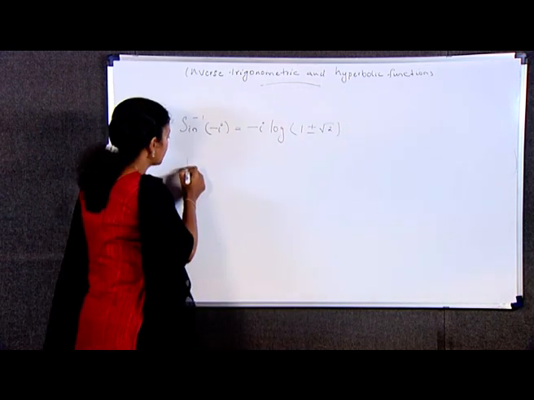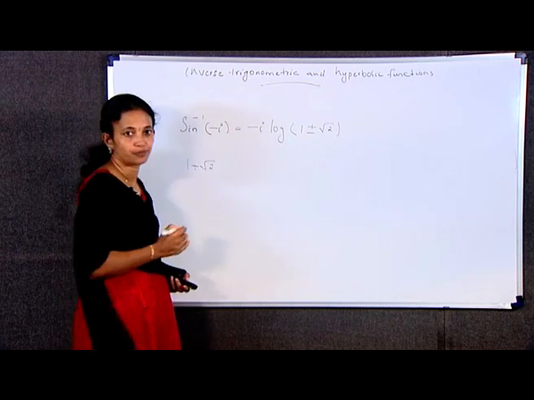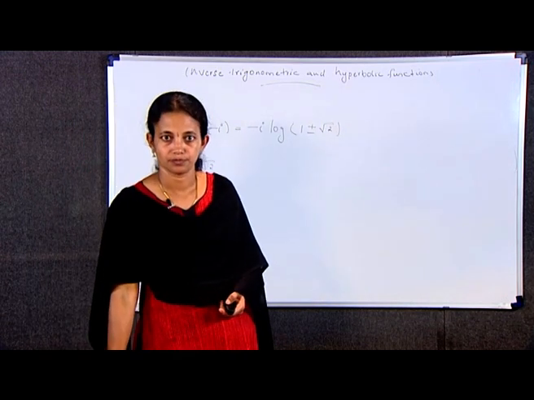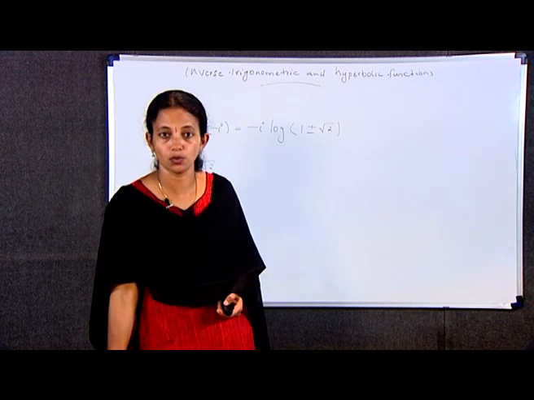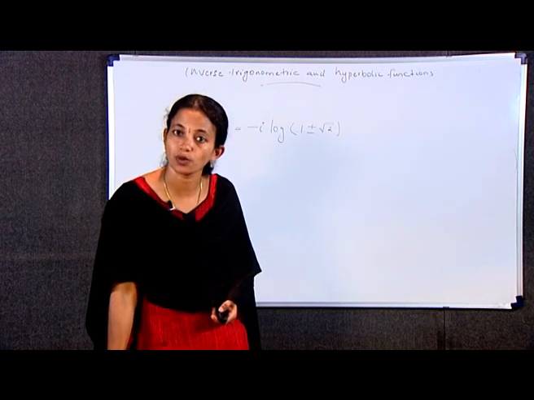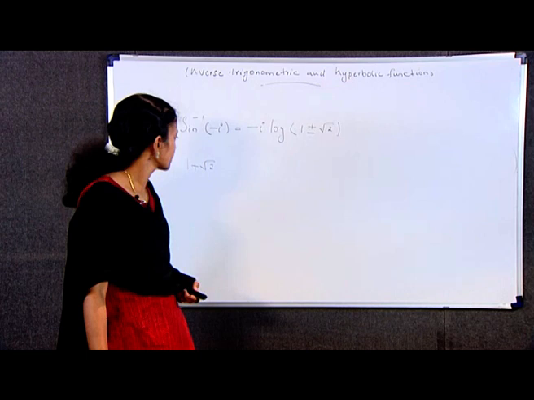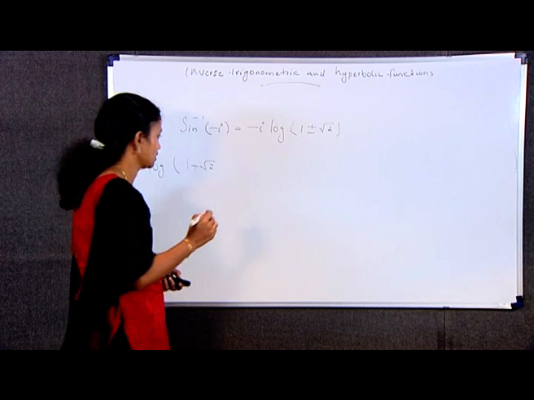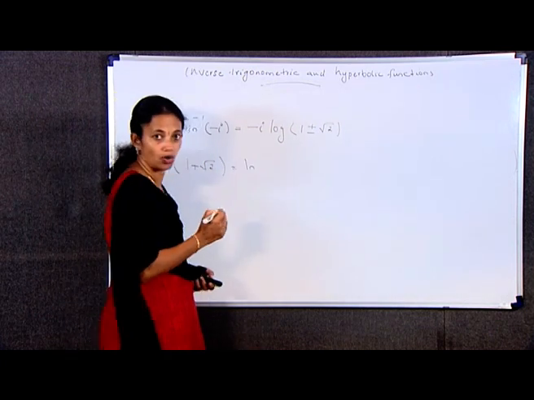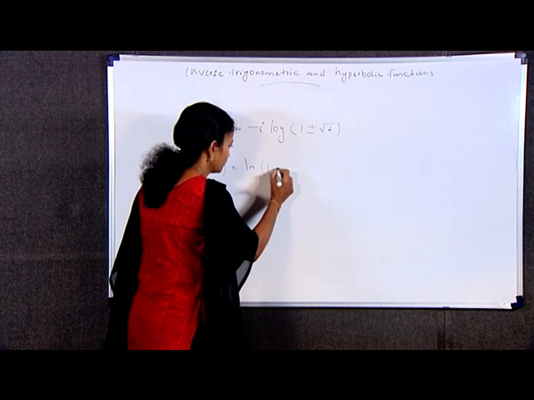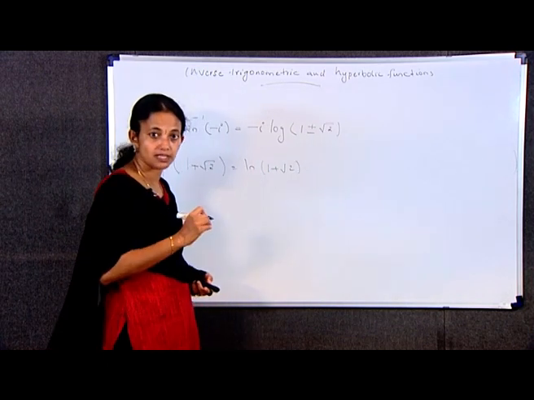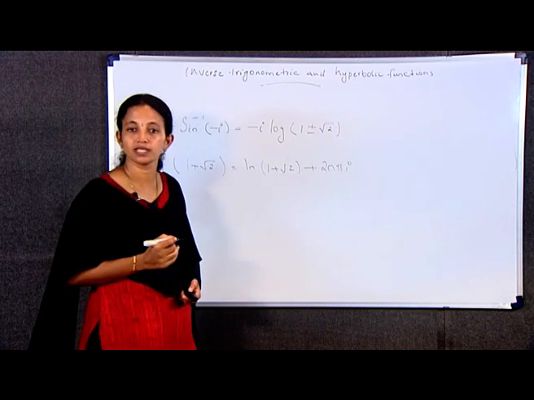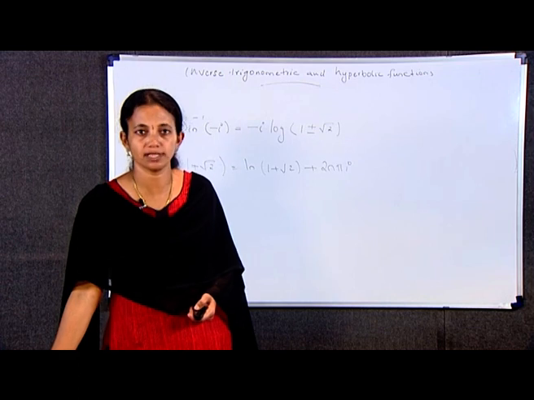But 1 plus root 2 is equal to (1 plus root 2) into e raised to i0, and 1 minus root 2 is equal to (root 2 minus 1) into e raised to i pi. So, logarithm of 1 plus root 2 is equal to ln (1 plus root 2) plus 2n pi i, where n varies from 0, plus or minus 1, plus or minus 2, etc.